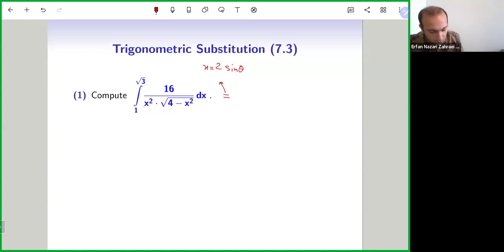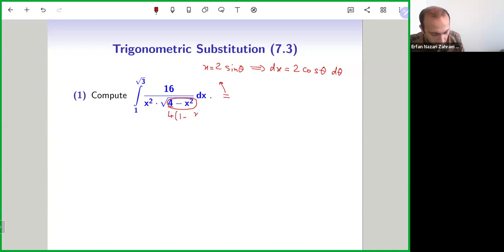To do the substitution, I need to replace everything. That term is clear. X, I replace it with this. For this one, I need a computation of the derivative. dx equals 2 cos theta, the derivative of sine, d theta. Now I know how to substitute this. I need to substitute that. To substitute that, you can do the computation that I mentioned, factoring 4.